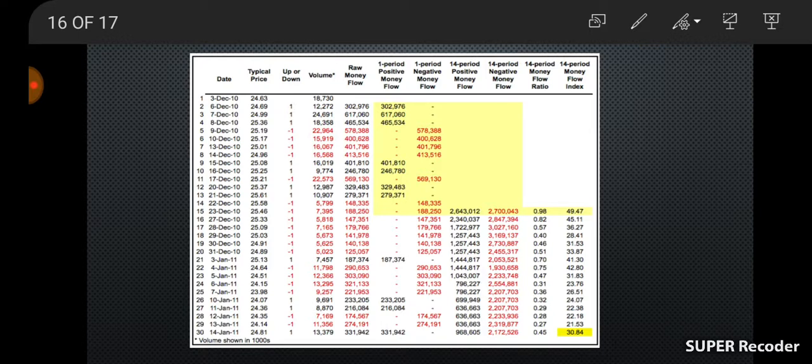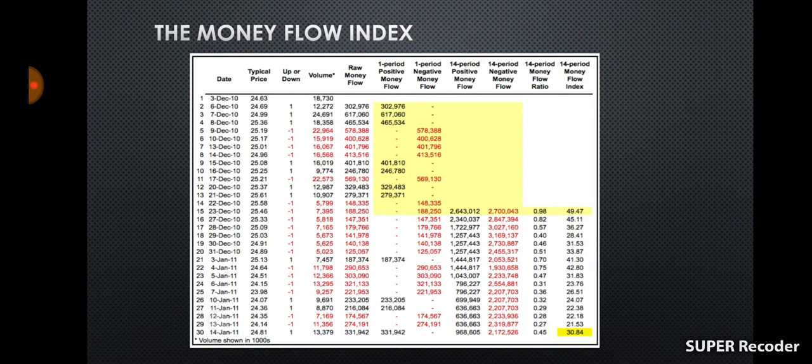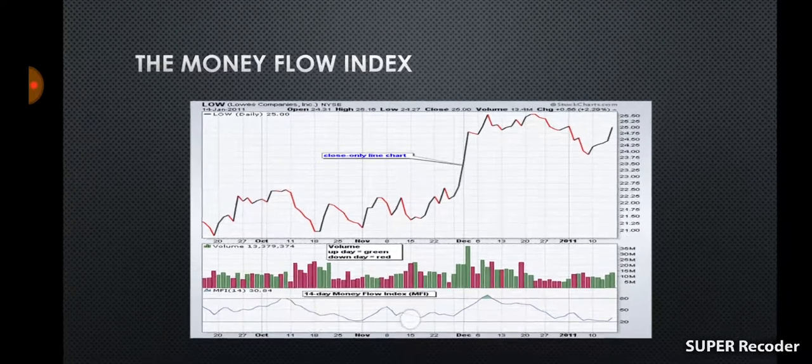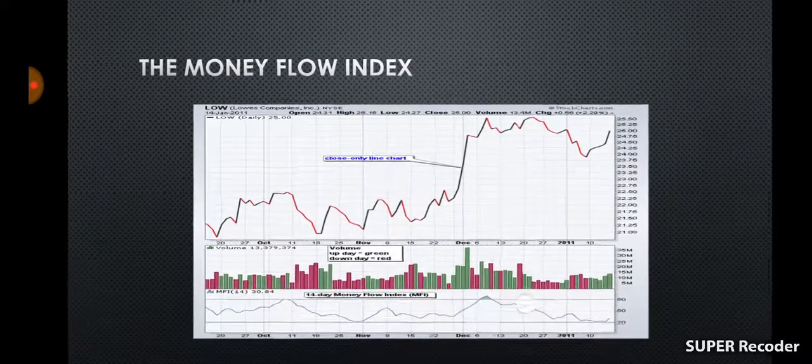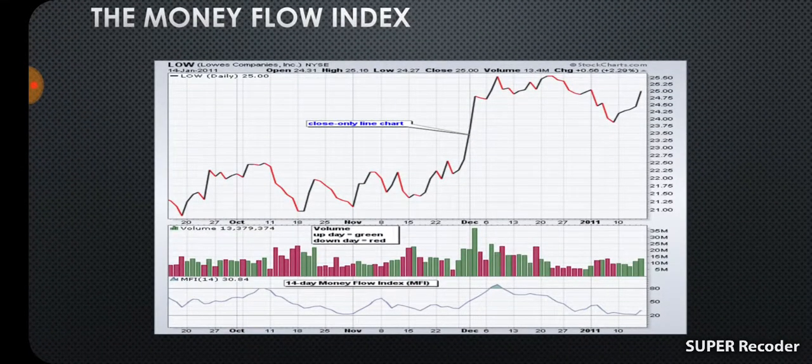So we are applying an equation like the relative strength index here, and now we plot this money flow index on a graph. If the graph moves towards the 70 to 80 range, it is considered overbought and we can sell.